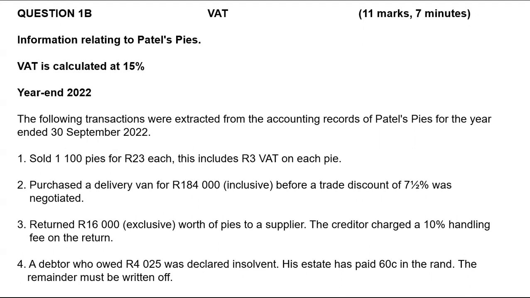Now, remember, when you determine VAT input and output, you don't focus on the end goal. The first step that you must do is to first find the VAT value. That is the first step. Find the VAT amount.